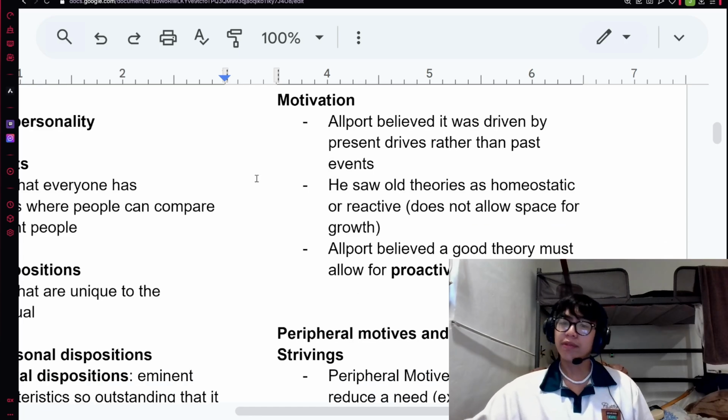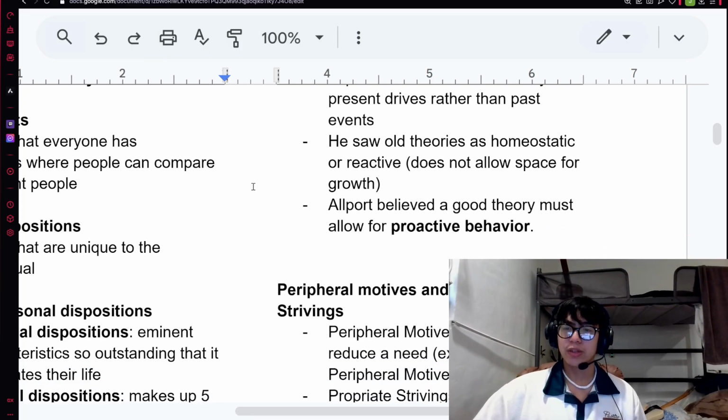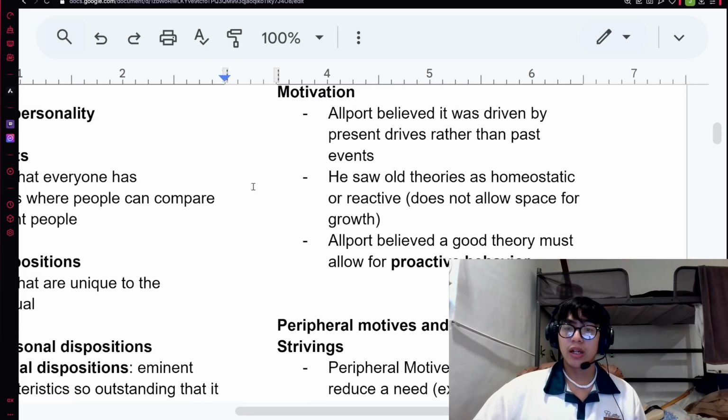So, motivation. Allport believed that it was driven by present drives rather than past events. So he saw old theories as homeostatic or reactive, so it doesn't allow space for growth. And he believed a good theory allows for proactive behavior.